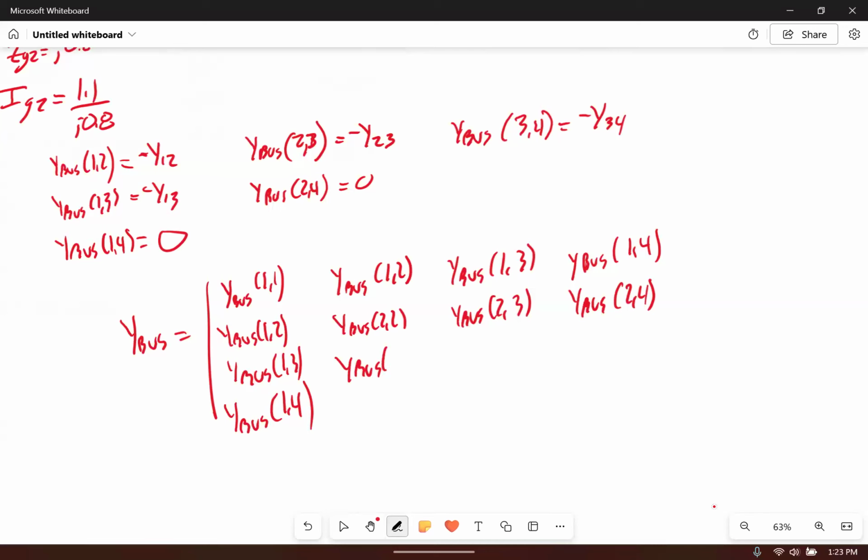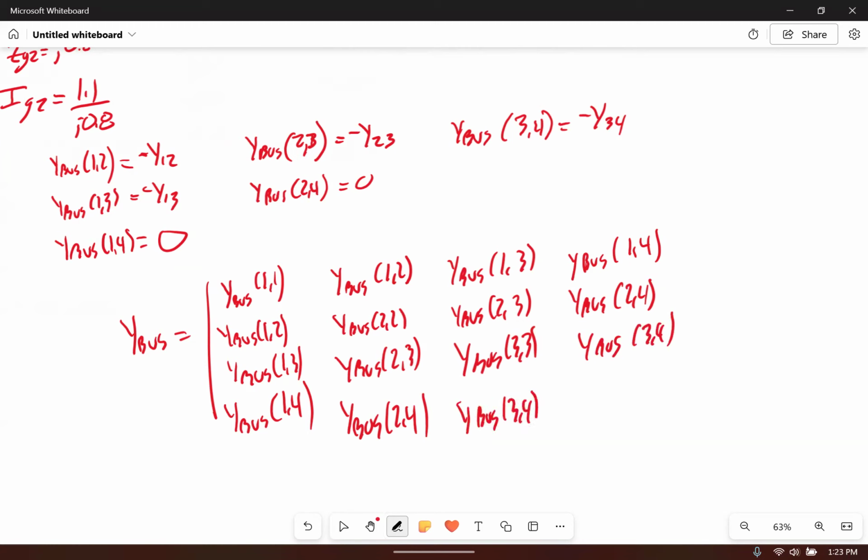I already know this one, lower triangular. So now I'm just populating like crazy. And that's my Y bus matrix.